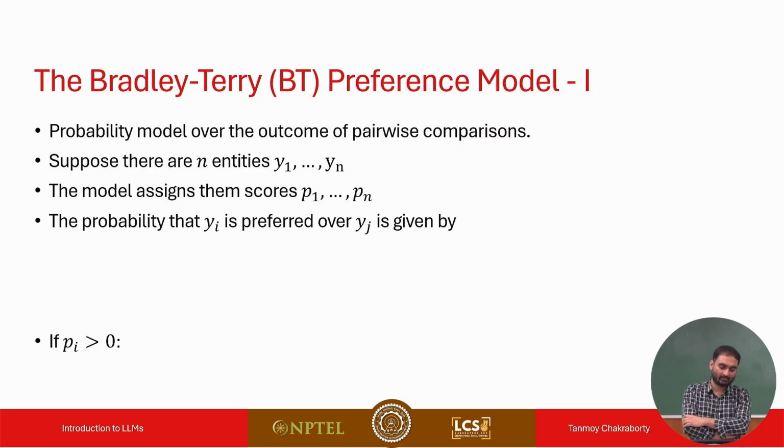It is used when we have a pair of outputs and you compare them, and we expect a distribution over a pair of outputs. I will discuss the Bradley-Terry model briefly, and then based on that we'll see how the loss function for the reward model is computed.